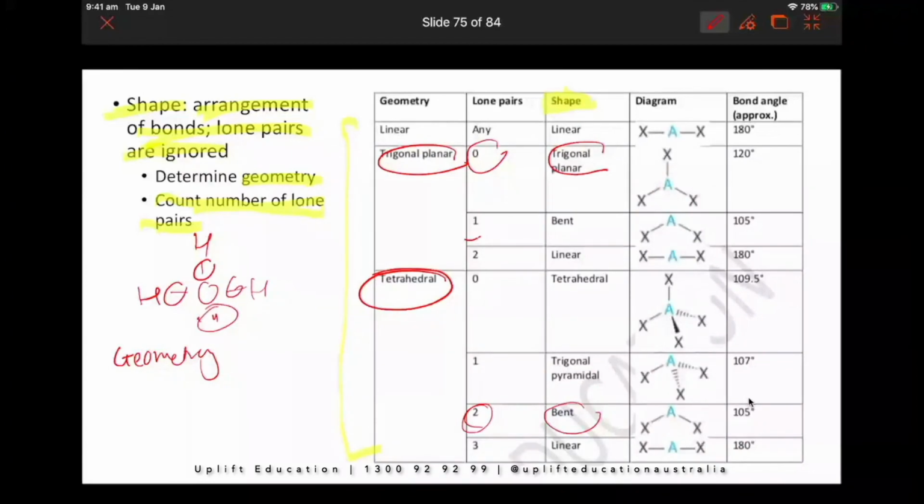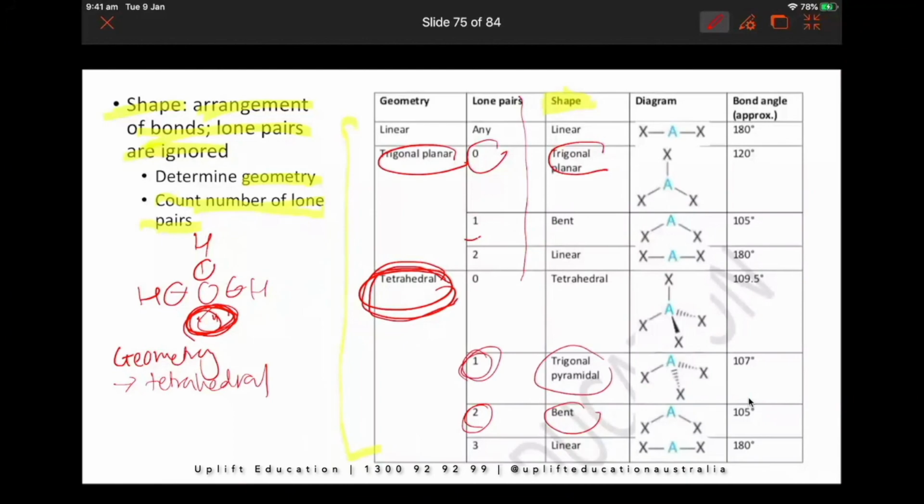So we have a tetrahedral geometry. And then when we're looking at shape, we count that there's one pair of lone electrons. Looking at this table, under the tetrahedral geometry with one lone pair, this is what we call a trigonal pyramidal shape.